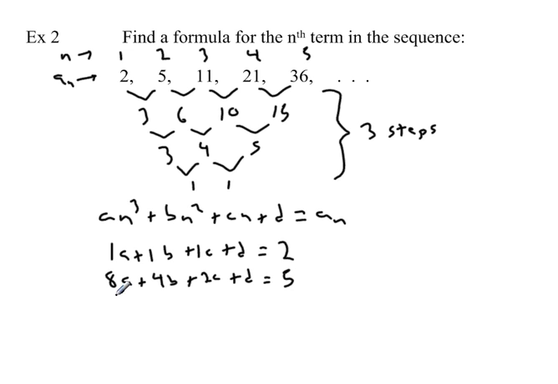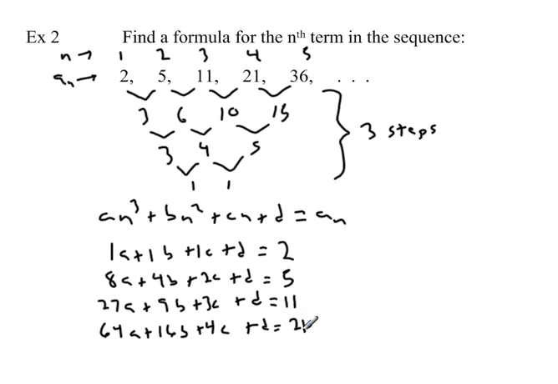Let's plug 3 in there. 3 cubed is 27. So we get 27a plus 3 squared, 9b, plus 3c plus d equals 11. And last one, if we plug 4 in there, we get 64a plus 16b plus 4c plus d equals the fourth term, which is 21.